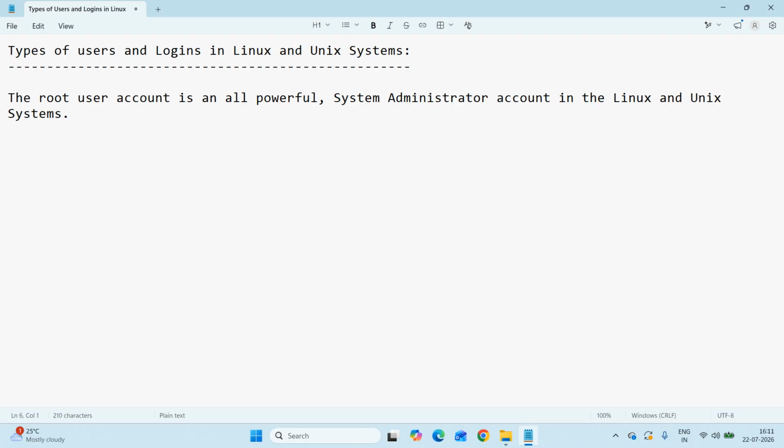And who should be using the root user account? Trained system administrators only should be using the root user account, people, because the root user account is used for system administration activities and also needs to be used only by trained system administrators.